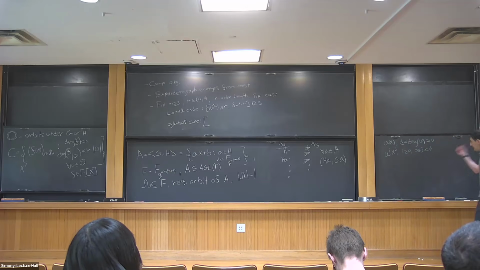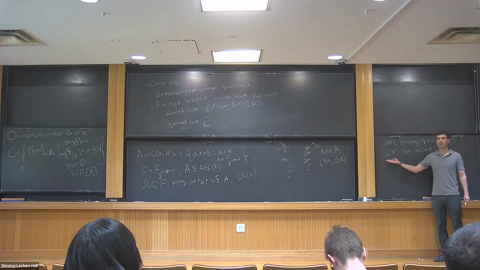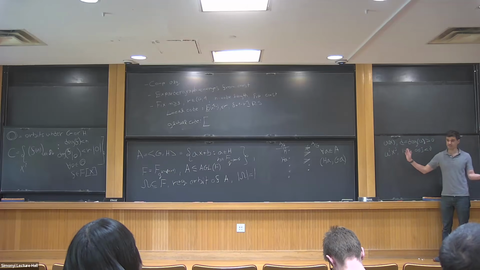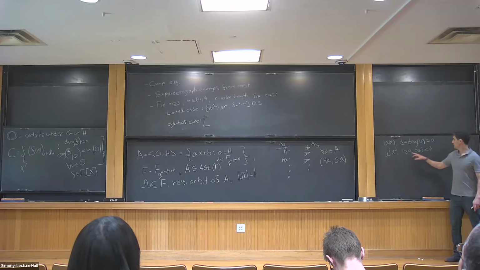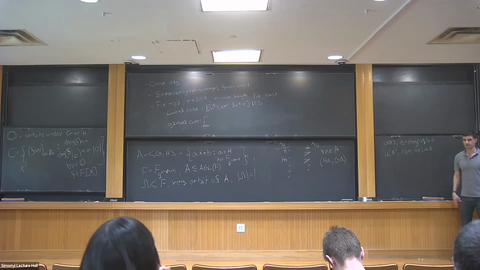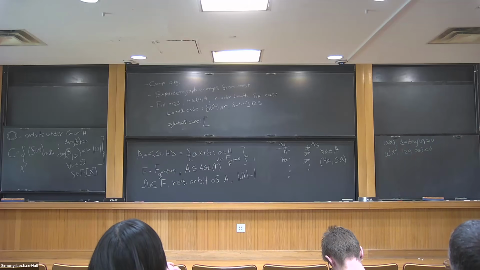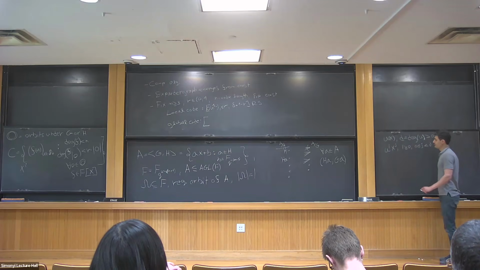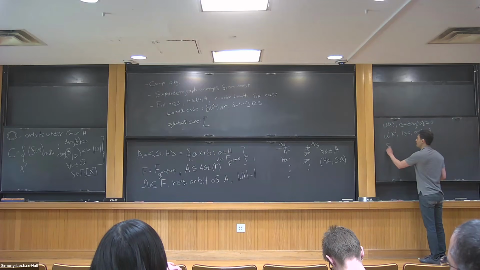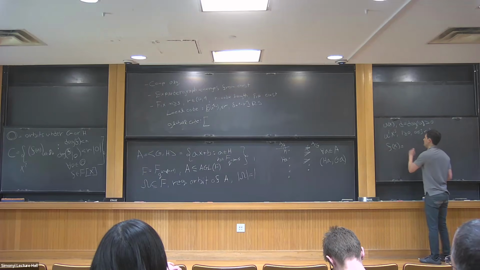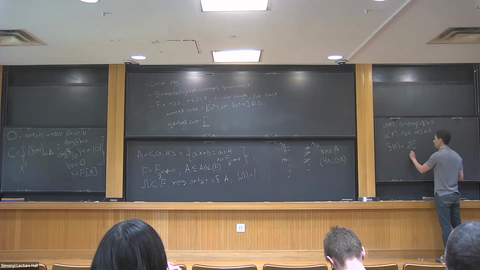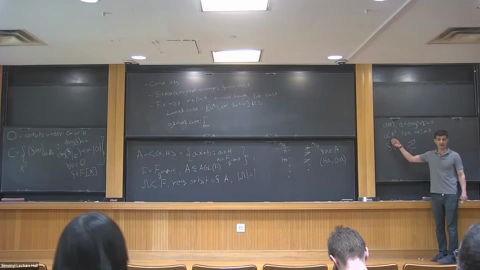Because for each degree, we have exactly one polynomial in that degree, since J is strictly less than D. So if you give me a polynomial f, I can expand it in this basis.